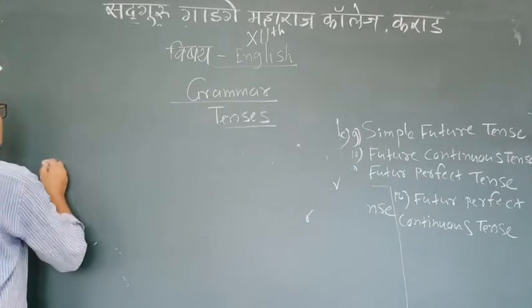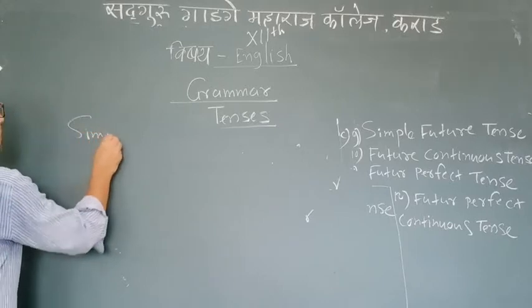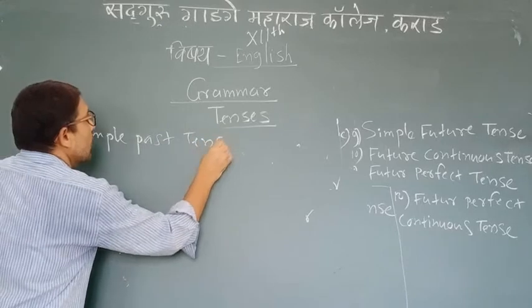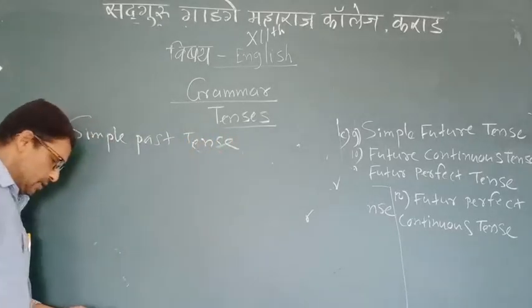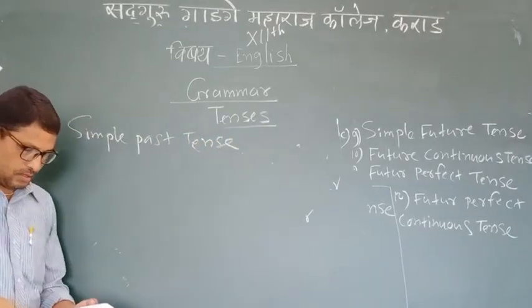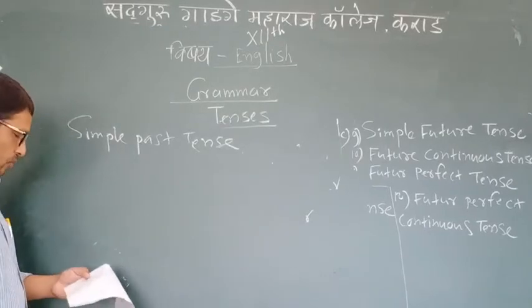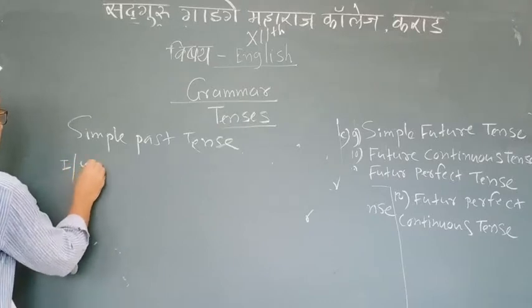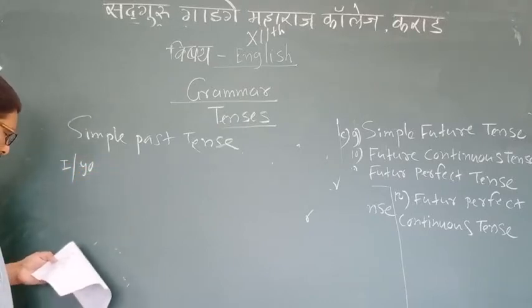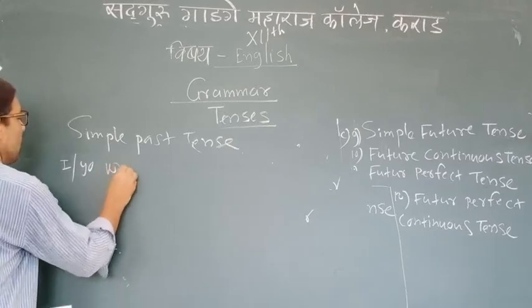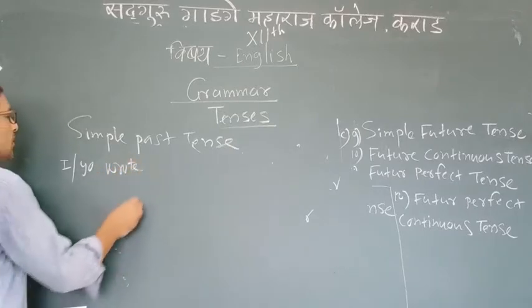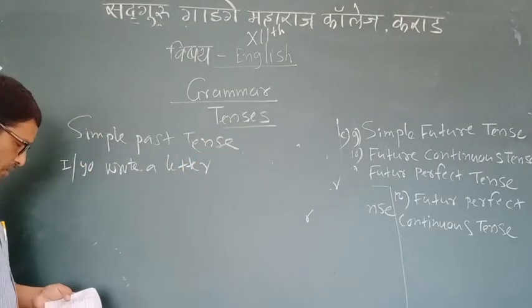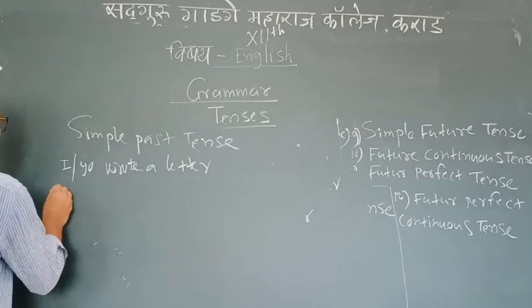Suppose we use the subject I or you: wrote. The past form of write is wrote. I wrote a letter.